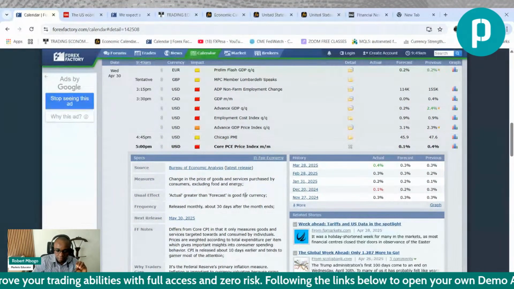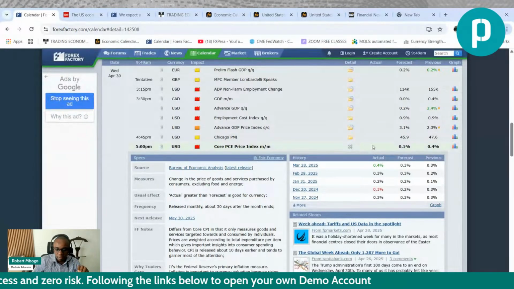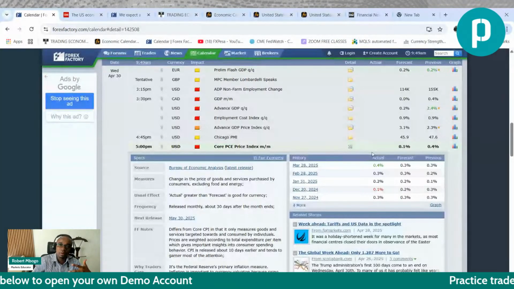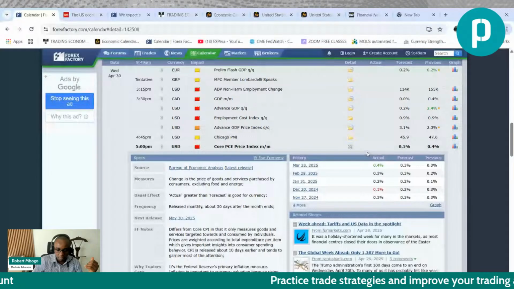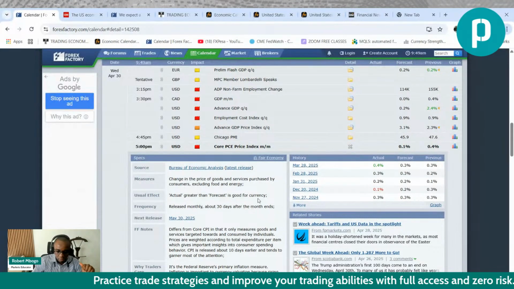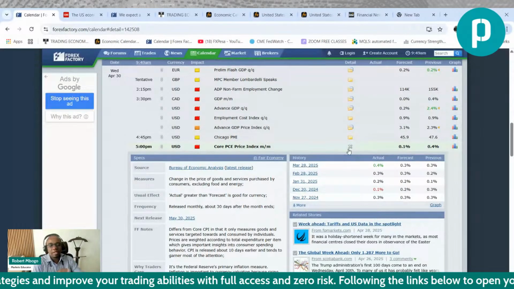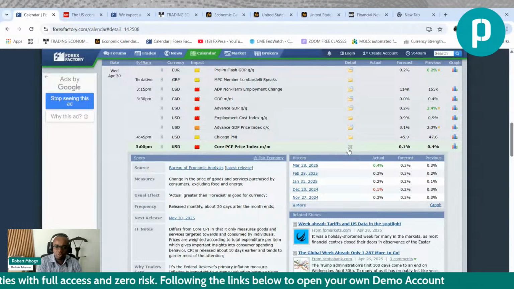So if this number comes out higher, maybe 0.2, 0.3%, it's good for the dollar because there's that whole expectation that the economy is doing a bit well, because of more cash flow in the economy, right? Because remember, when there's money circulating, if you have money, you are able to buy whatever it is that you want to buy, right?